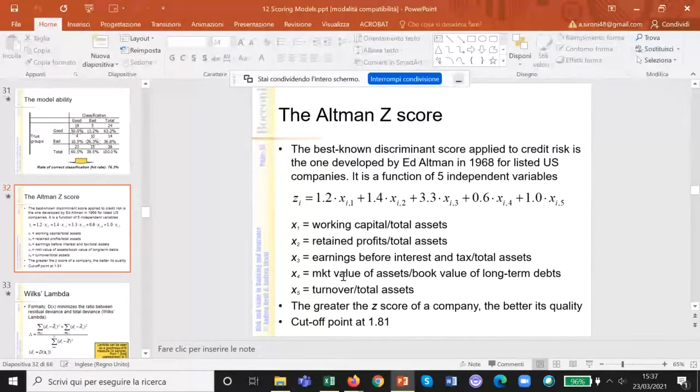So it's a model that can be used only for listed companies. And then it has turnover over total assets. These are all variables that take higher values for better companies. Therefore, the weights are all positive, okay?